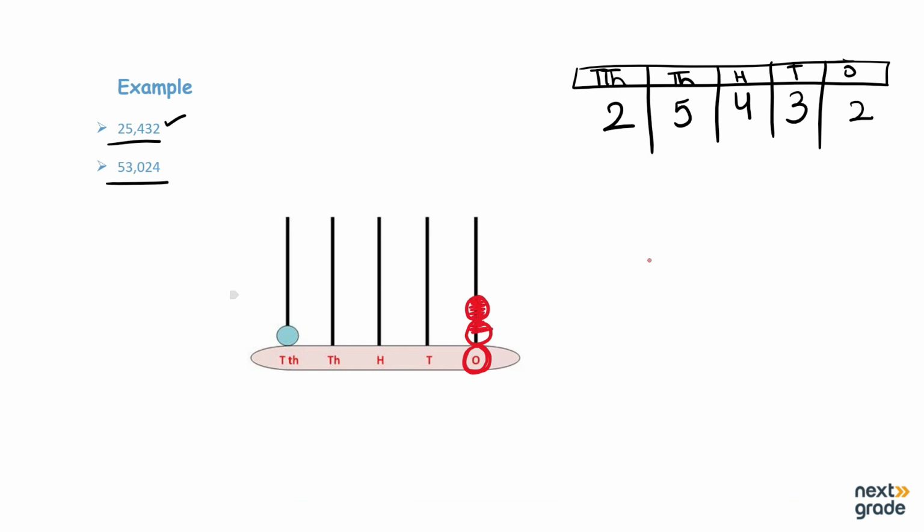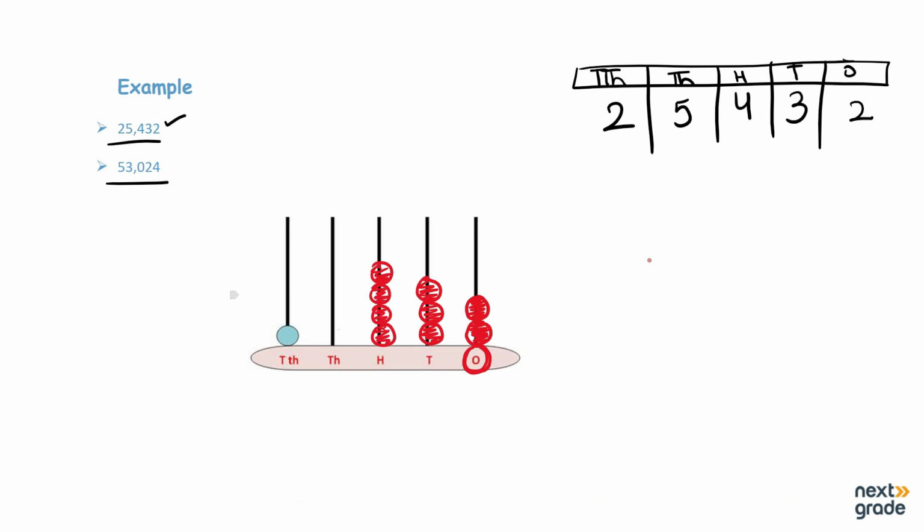Alright. Next is tens, and at the place value of tens, I'm going to add 3 beads. So that is how we're going to draw it over here. At the hundreds place, there are 4 beads. So I'll add it like this.